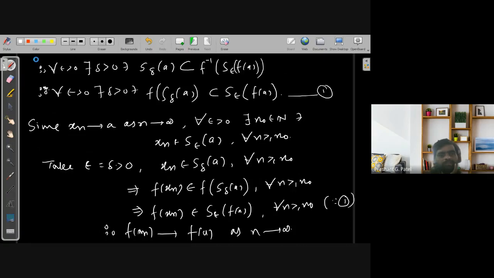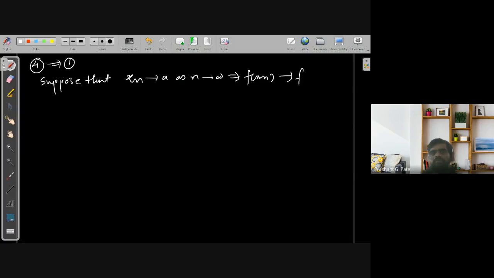Next, we'll prove that 4 implies 1. That means suppose that xn converges to a as n tends to infinity implies f of xn converges to f of a as n tends to infinity.